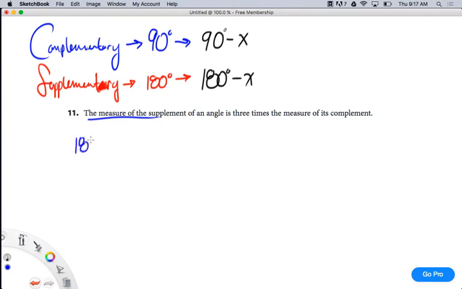Represent that by 180 minus x. The measure of the supplement of an angle is equal to 3 times the measure of its complement, which is 90 minus x. That's the hardest part. But go ahead and solve that algebraically now. Solve that on your own.